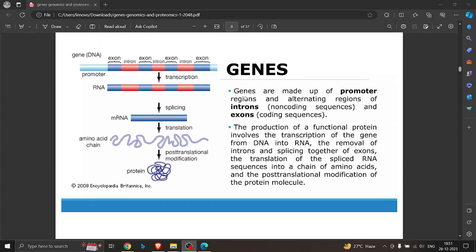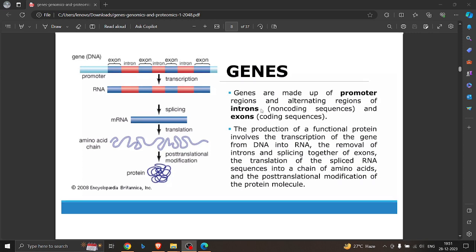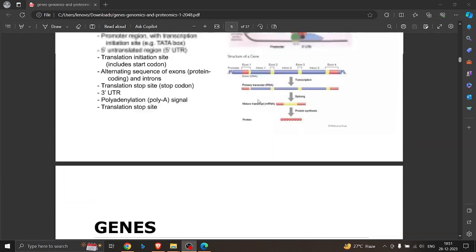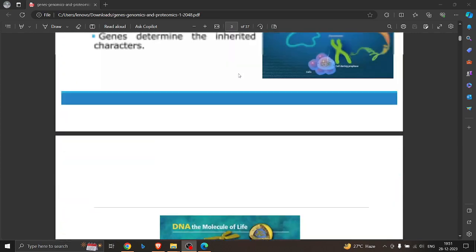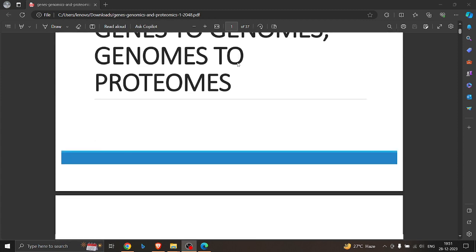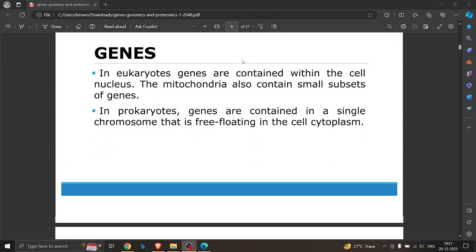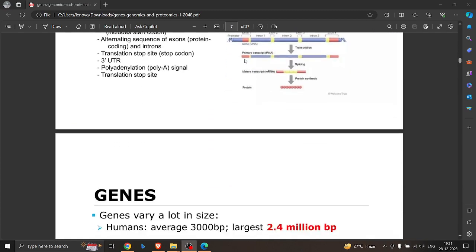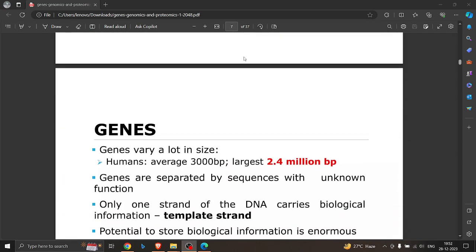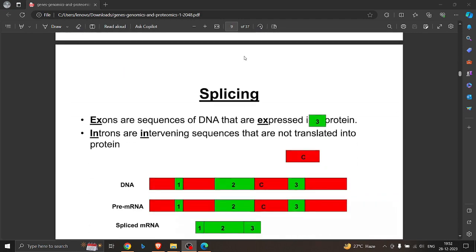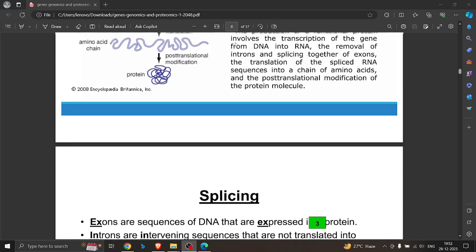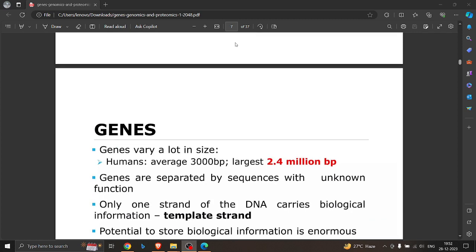So here, this diagram illustrates genes. Genes are made up of promoter regions and alternating regions of introns. Previously I have explained what introns and exons are.